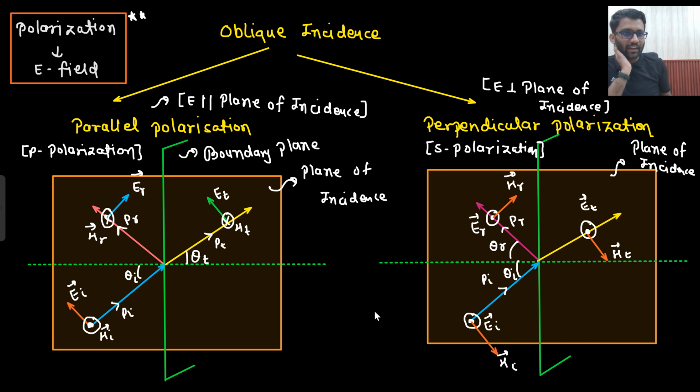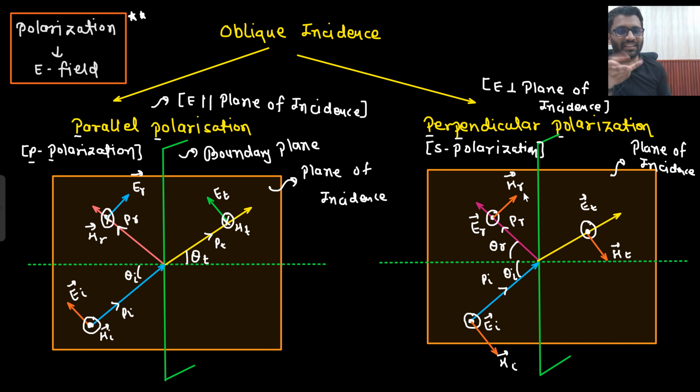You can remember by any trick, but how do I remember? In parallel polarization, how many P's are there? 1 and 2. In P polarization, how many P's are there? 1 and 2. So that's why parallel polarization is equivalent to P polarization. Now you will say that in perpendicular polarization as well there are 2 P's. No, there are 3 P's. So if there are 3 P's, that means it is not P polarization.